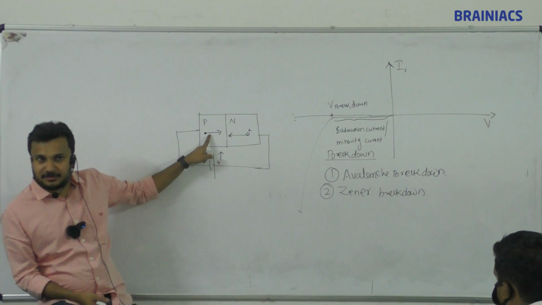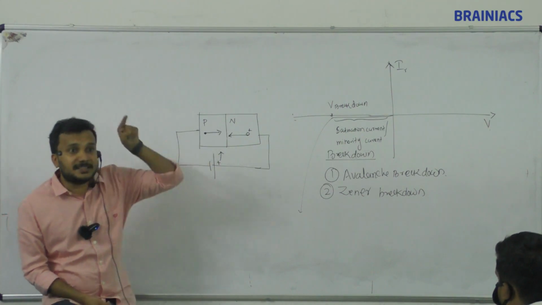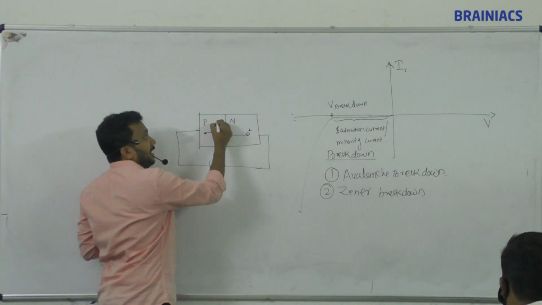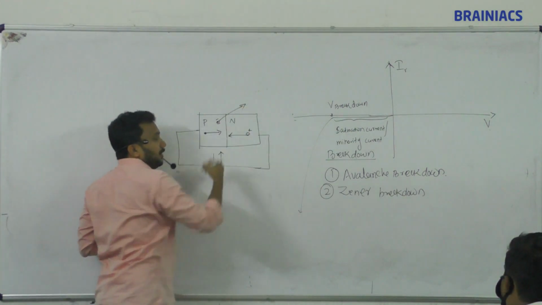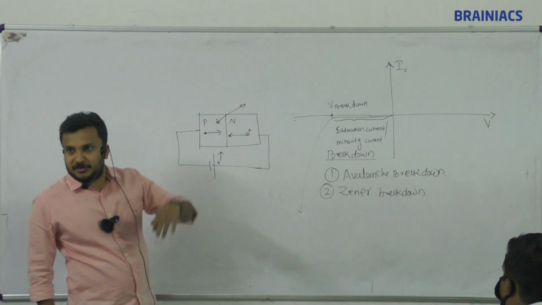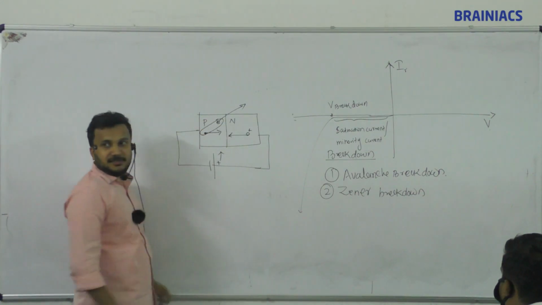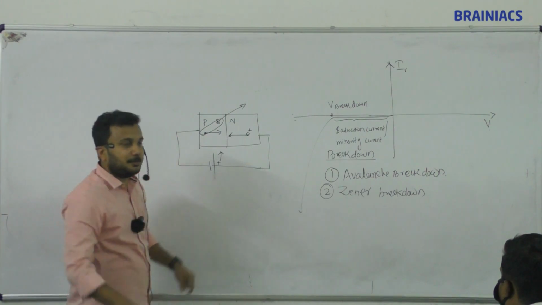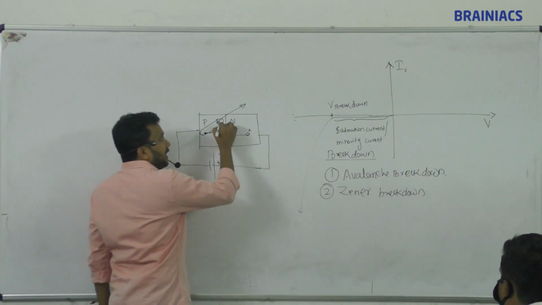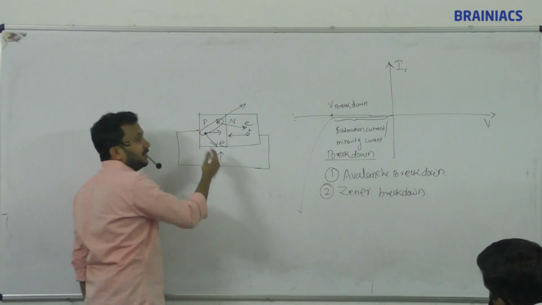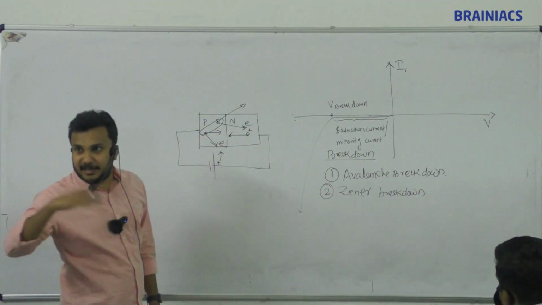Suppose this is one electron going and hitting a stable silicon atom. It will eject one electron. So now there are two free electrons. These two free electrons move in two directions, and each hits another and plucks out another electron.